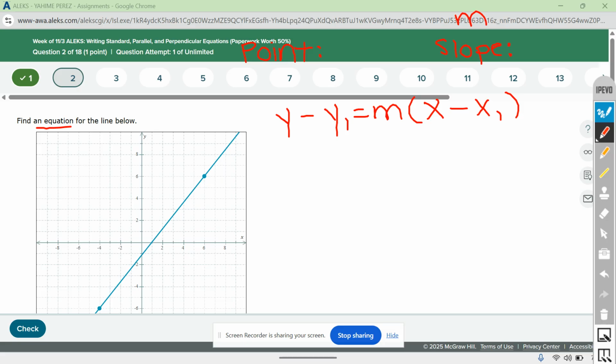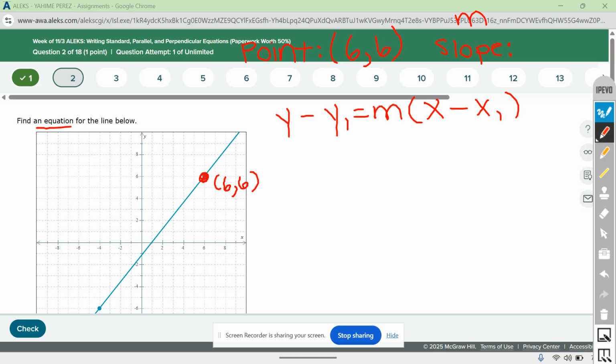So I can pick either of these points. I've got a point right here. That point is 6, 6. So that is going to be what I'm using.